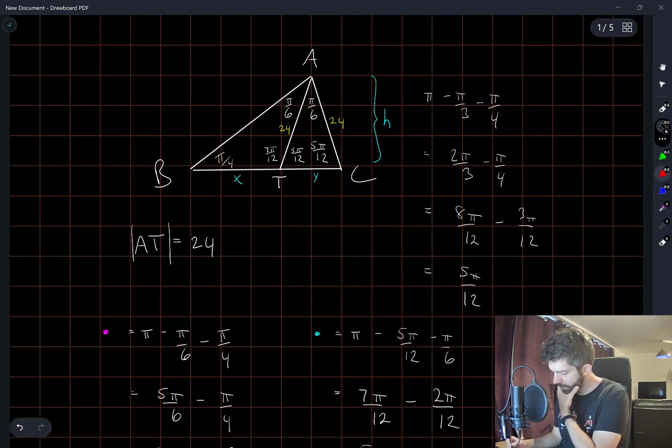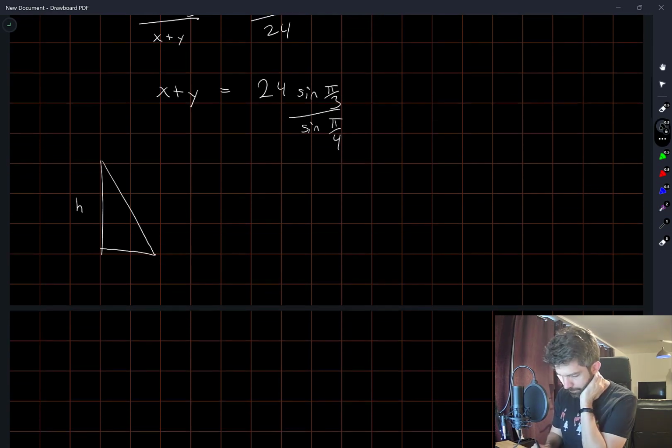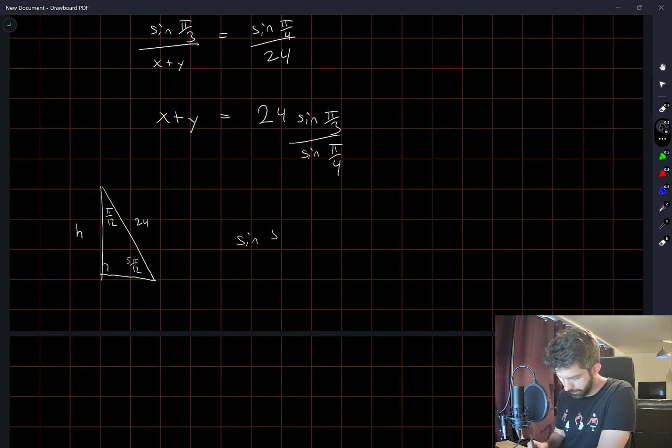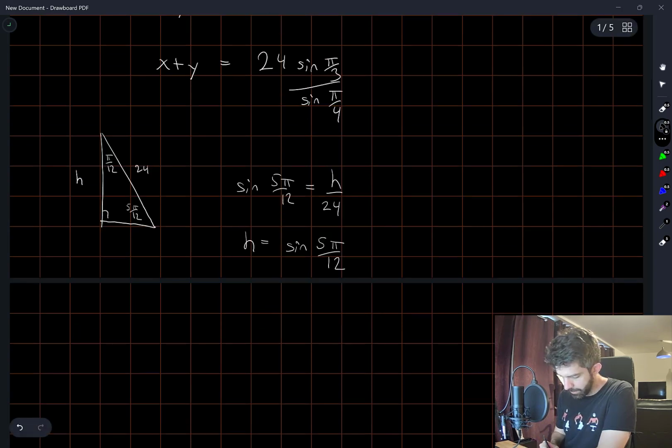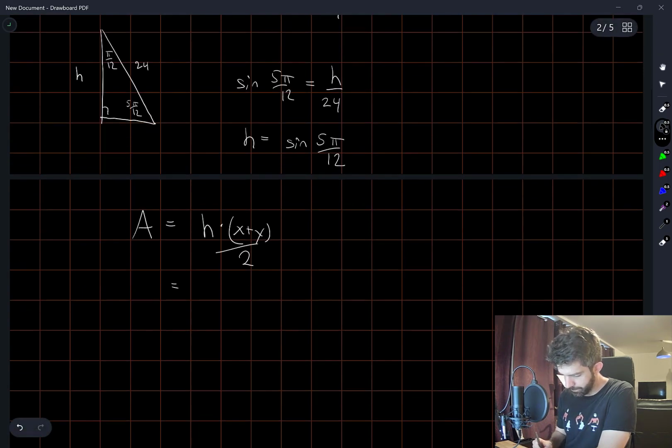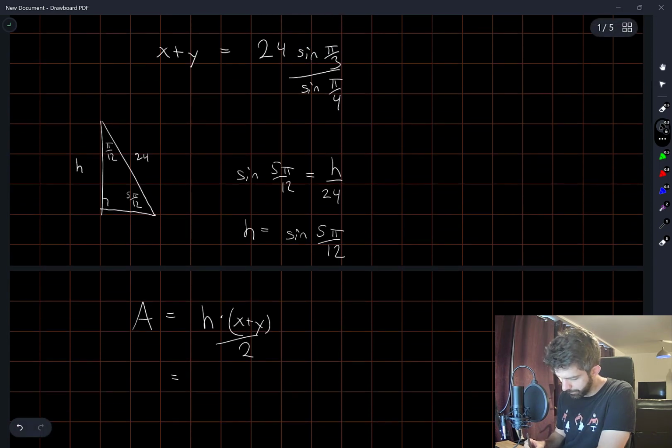The way I'm going to solve for the height is by dropping another perpendicular here and looking at this right angle triangle. So sine of 5 pi over 12 is equal to h over 24. Okay. So the area of the entire triangle is equal to h times x plus y divided by 2.